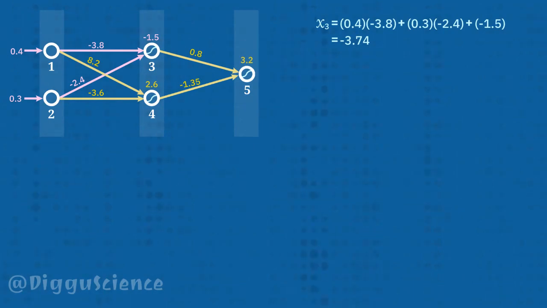If you remember, the sigmoid function is 1 divided by 1 plus e to the power minus x. X here is the value to be processed. Enter the value x3. y3 is equal to 0.02320.